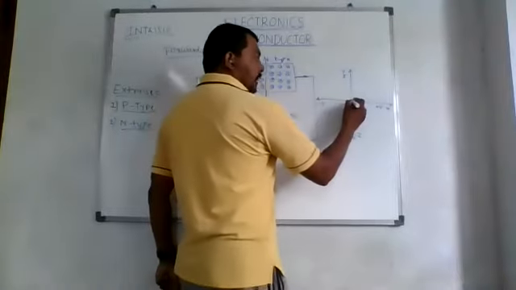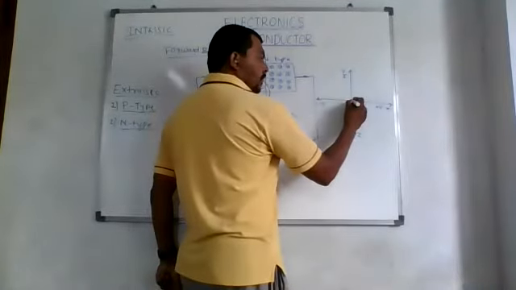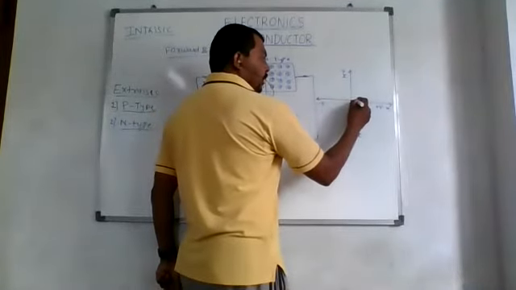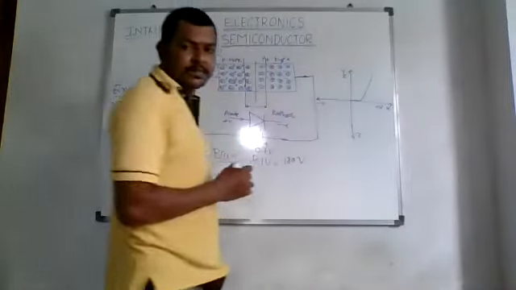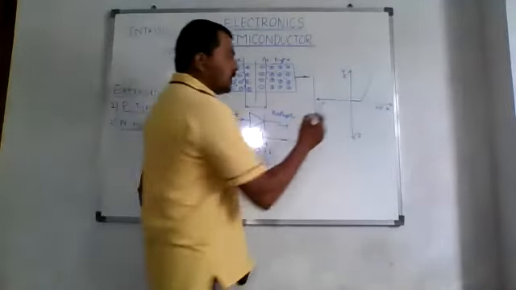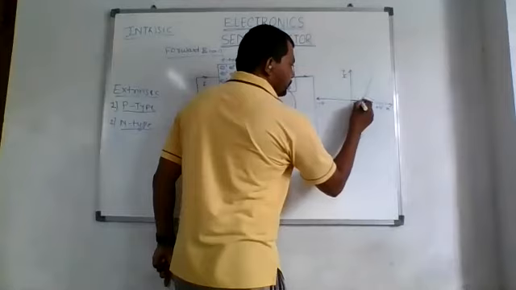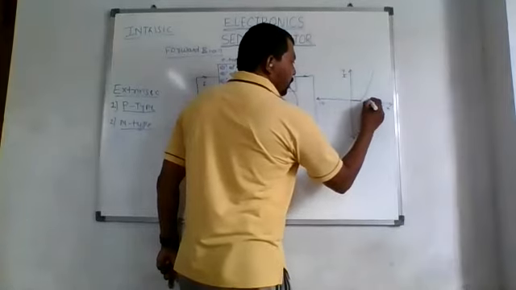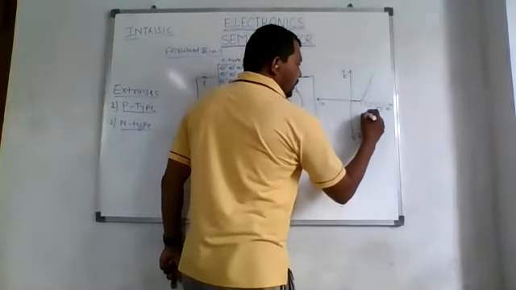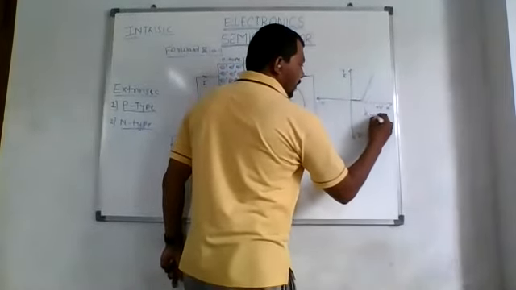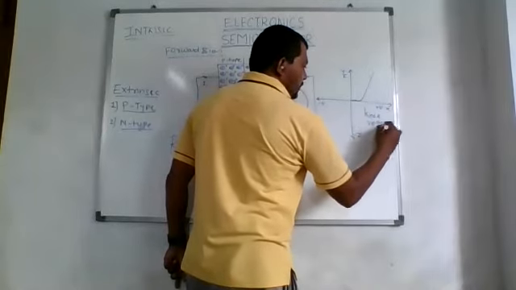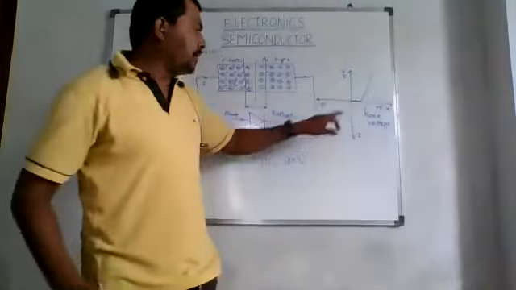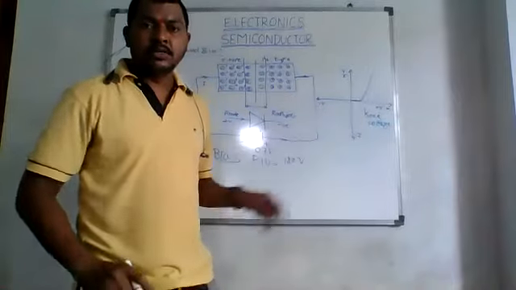When the graph is drawn, we start from zero, it rises slowly and then increases rapidly like this, right? This particular point is called the knee voltage, KNEE voltage. I guess it is visible to you. I have written here knee. Knee means ghutna.